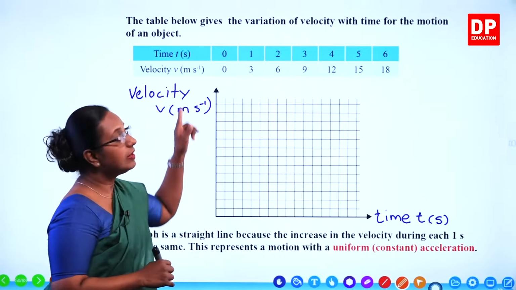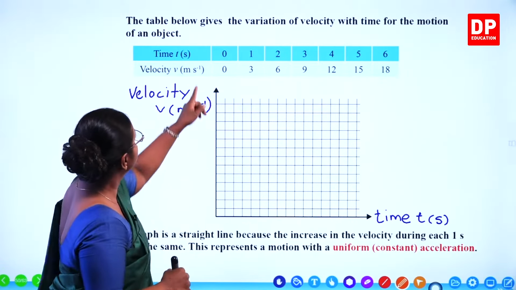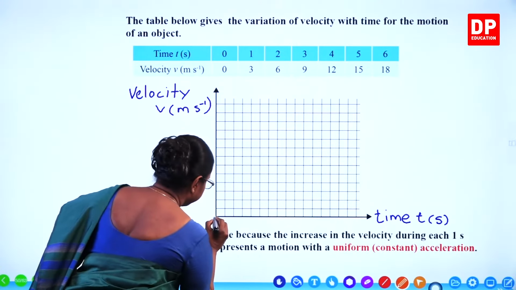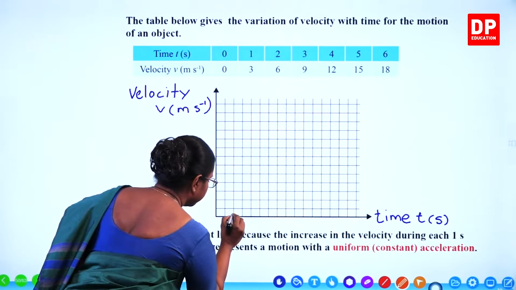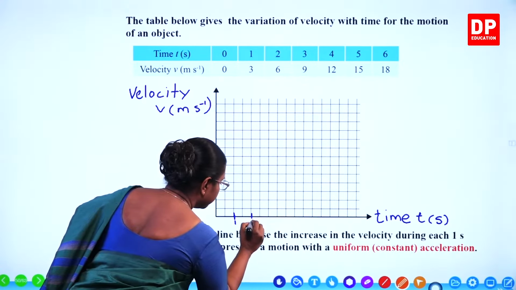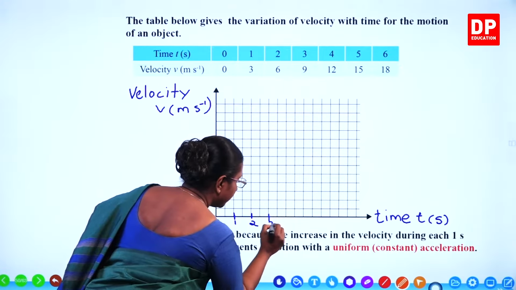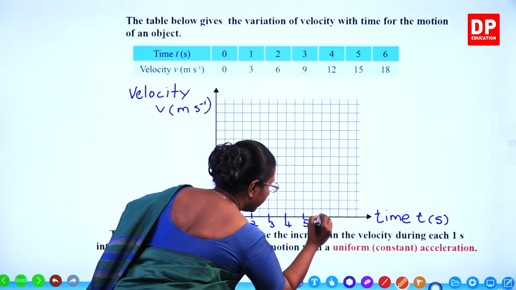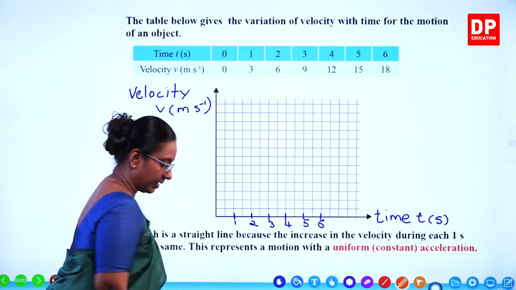And then we will mark the values. So time starts from 0, goes up to 6. If you mark the values 1, 2, 3, 4, 5 and 6 seconds.